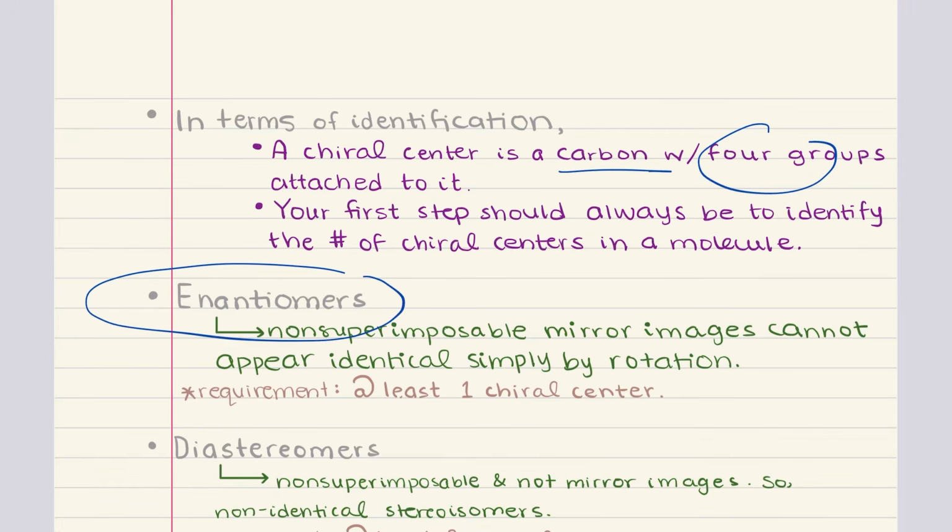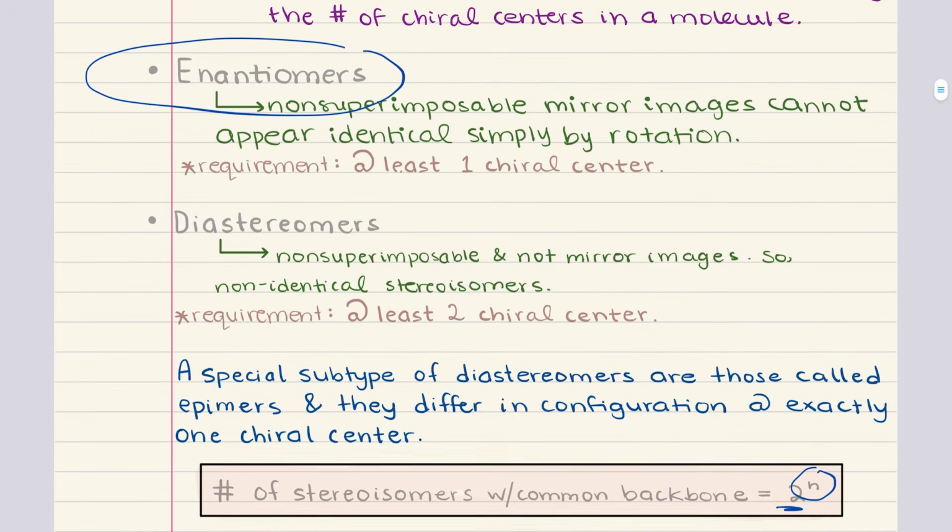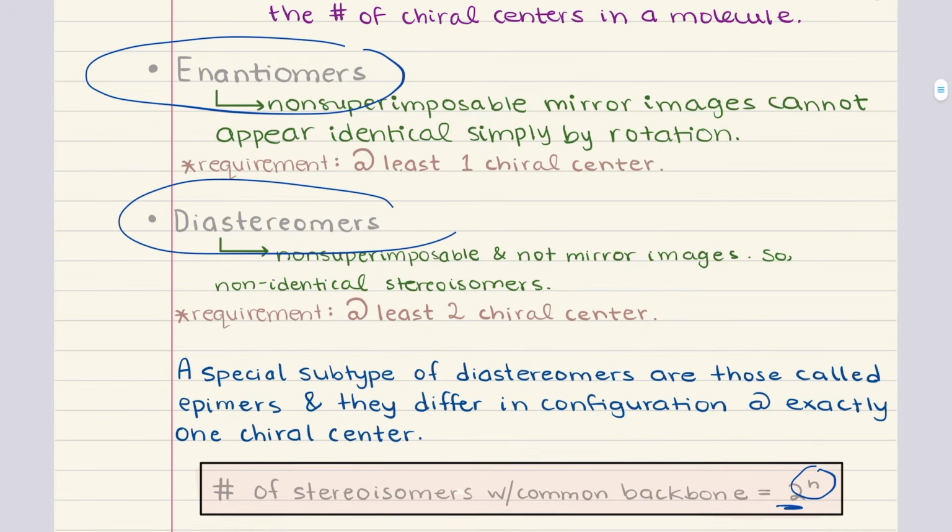And a good example of this concept is looking at your hands. Your left hand and your right hand, they're mirror images of each other, but when you overlay them, you'll notice that they're non-superimposable. So this is what we mean when we define enantiomers. In addition to being enantiomers, molecules have to differ at every chiral center.